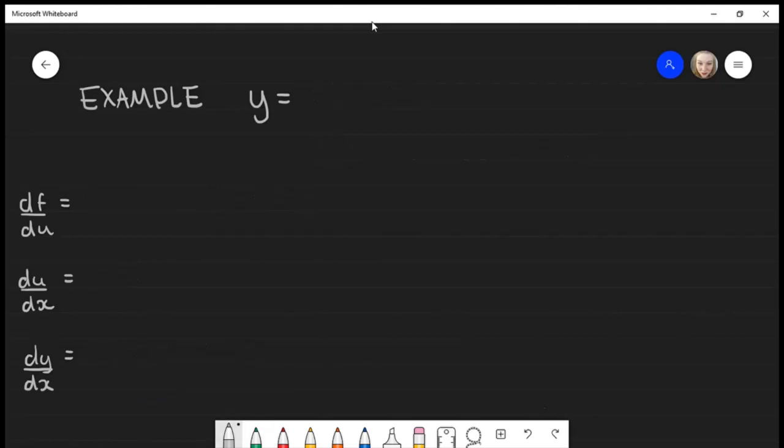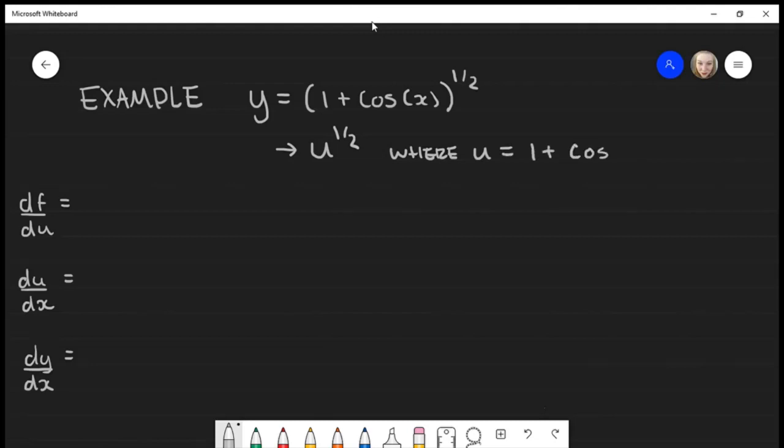In this example, y is equal to 1 plus cos x, all to the power of a half. Now to rewrite this, I'm going to make it u to the half, where u is 1 plus cos x.